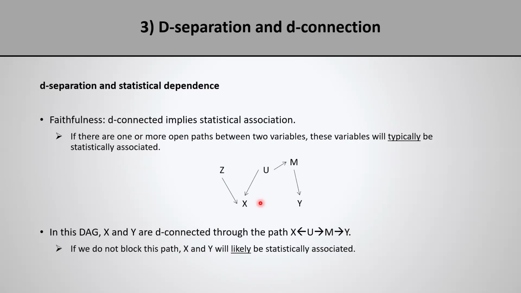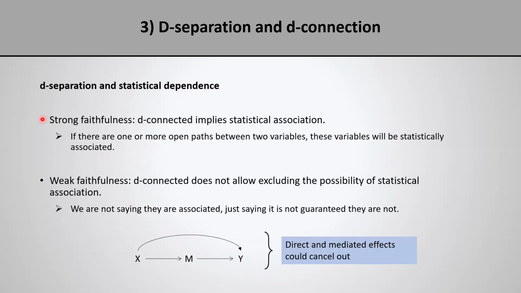But why did I underline the words typically and likely here? It is because we can talk about two versions of faithfulness: strong faithfulness and weak faithfulness. Strong faithfulness says that d-connection is equivalent to statistical association. That is, if I have one or more open paths between two variables, those variables will be statistically associated. While weak faithfulness makes a weaker statement.